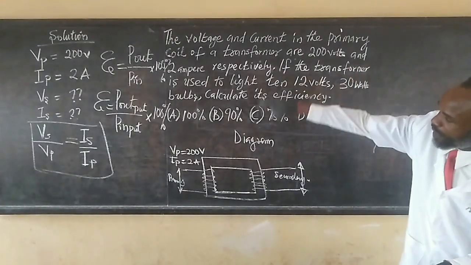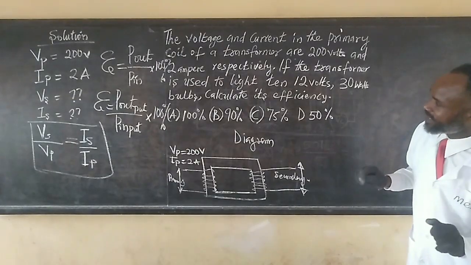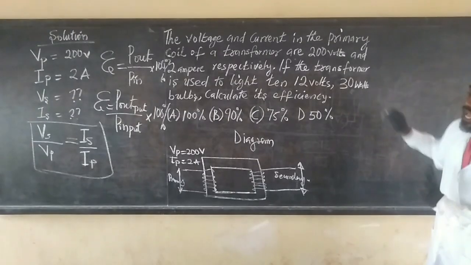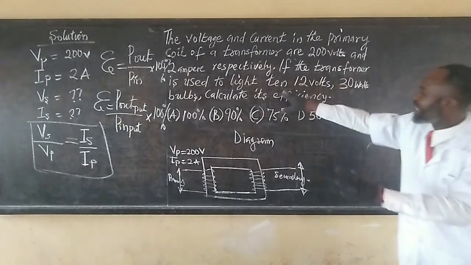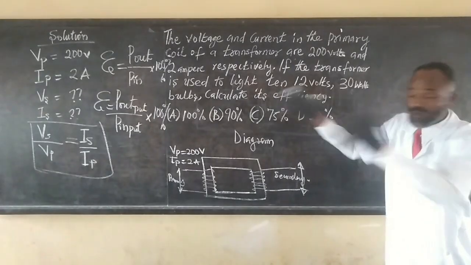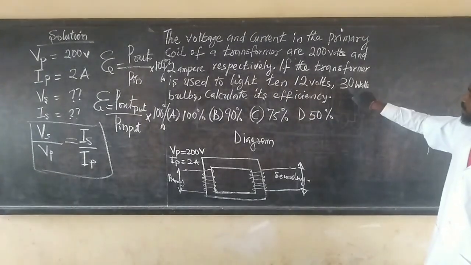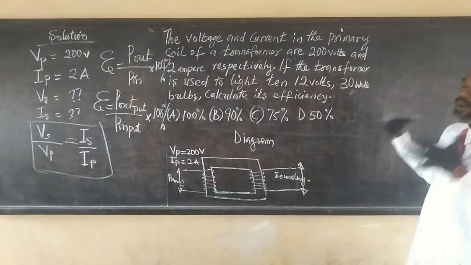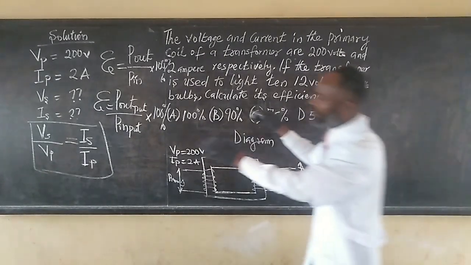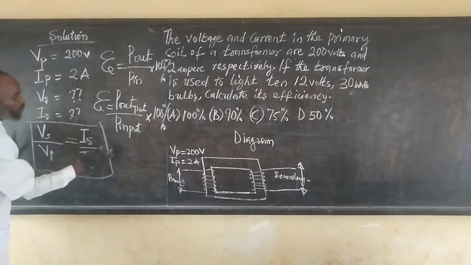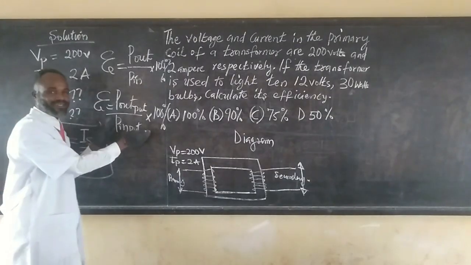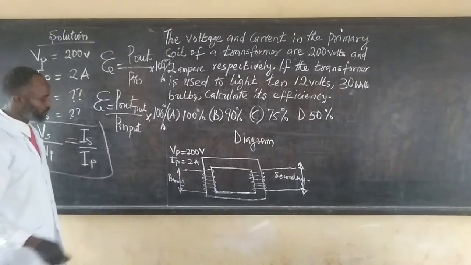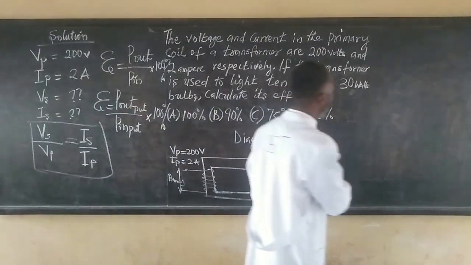Look, the power is already identified as the one being supplied to 10 12-volt bulbs. So we already know that. What we need to do is this power times 10. That's the total power output. So we may not have anything to do with this. We will now concentrate on this, because we're talking about power output over power input.